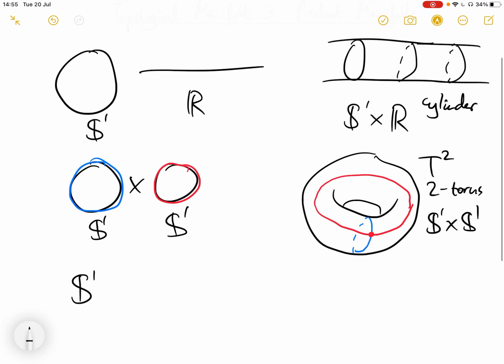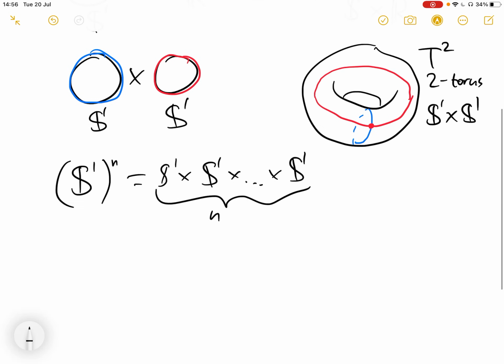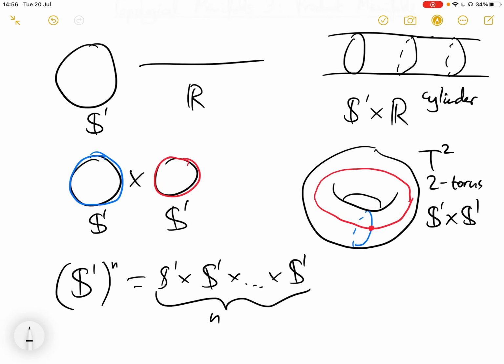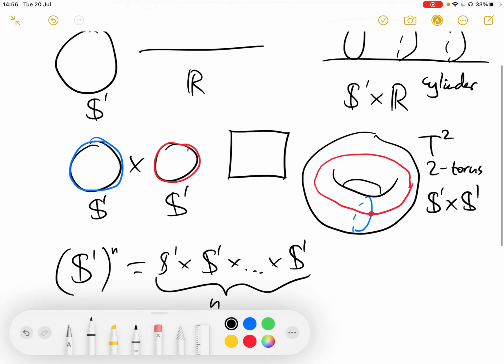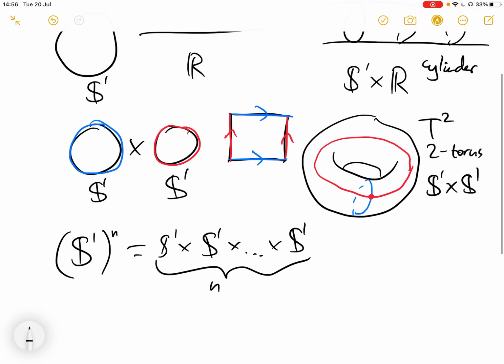The n torus is the product of n copies of S1. It's a bit harder to visualize in high dimensions, but you might recall that we can build a 2 torus if we start with the unit square and identify the opposite sides. If we glue together the two red sides and we glue together the two blue sides, we can build a 2 torus.